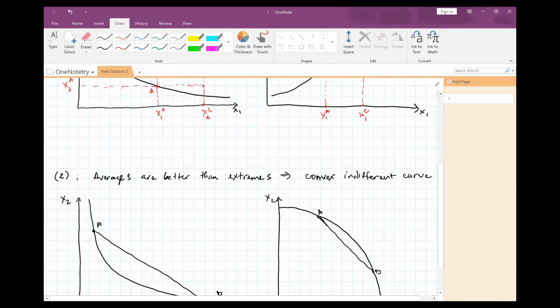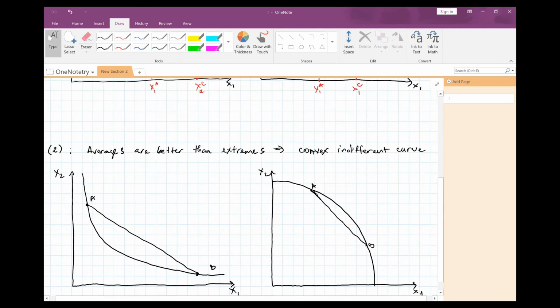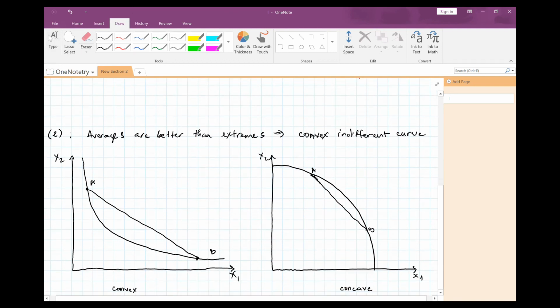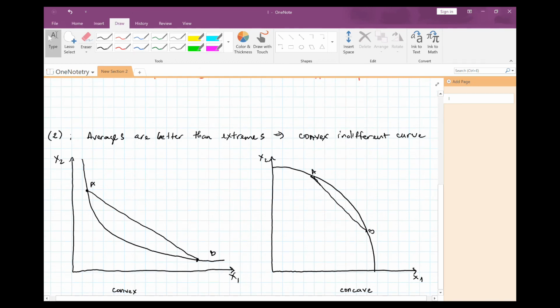Okay, let's move to the second axiom, where we said averages are better than extremes. And why does it have to be the convex indifference curve? So last week we talked briefly about it. If you remember, concave function implies that if you have 2 points, A and B, then you draw a line to connect these 2 points, which I have already done here.